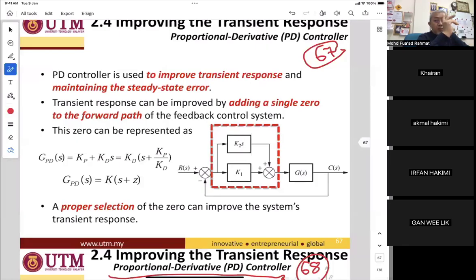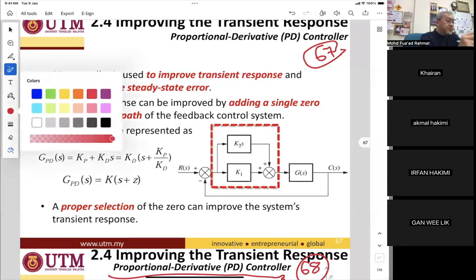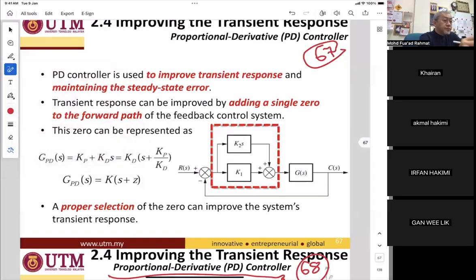This transient response can be improved from slower to faster by adding a single zero to the forward path of the feedback control system.